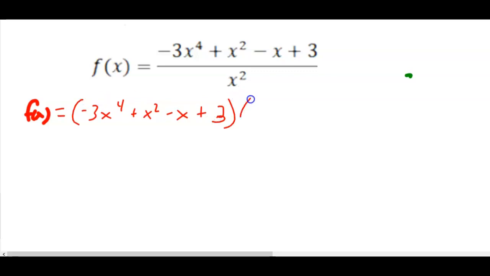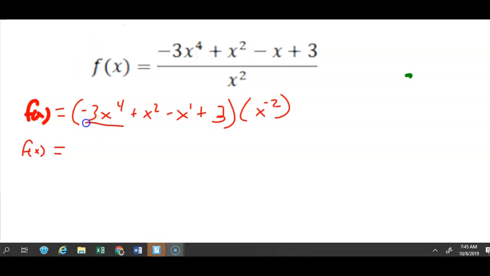And then I'm going to bring x squared to the top, so x to the negative 2nd. And I'm going to write this exponent 1 right here so you can remember when you multiply, you add the exponents. So I'm going to distribute x to the negative 2 to all of these. So I end up with negative 3x times x to the negative 2nd. Remember, you add the exponents. So you get negative 3x squared, 4 plus a negative 2 is 2, sorry.